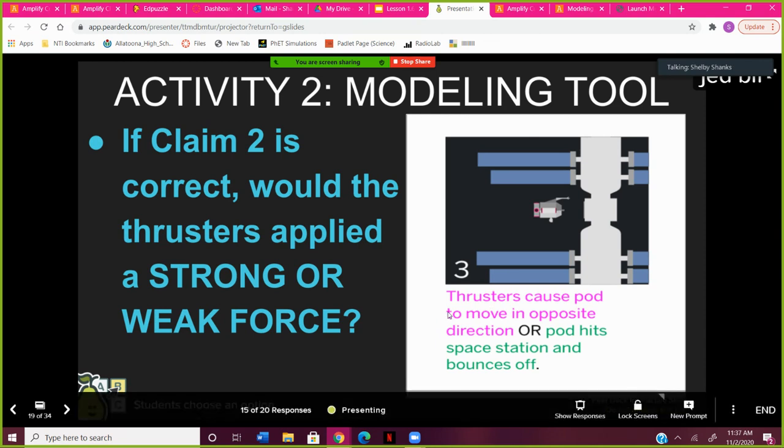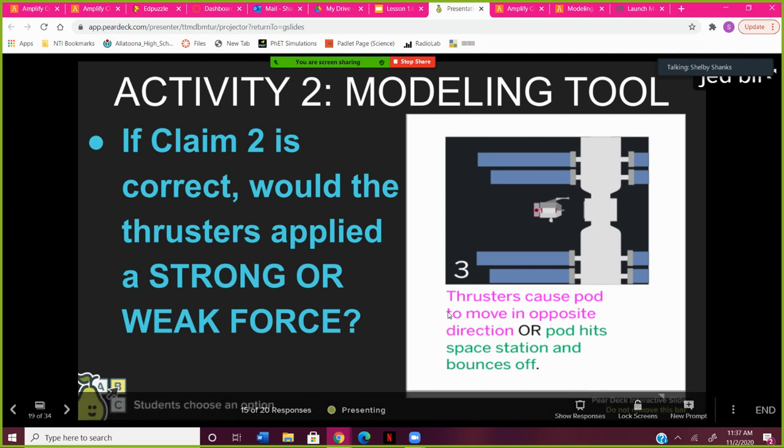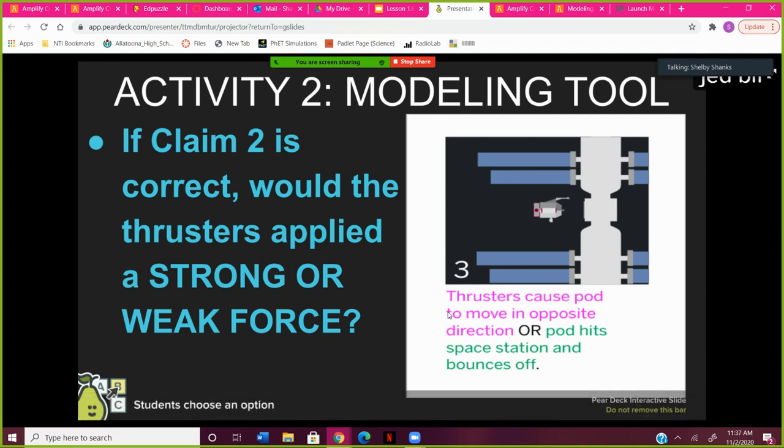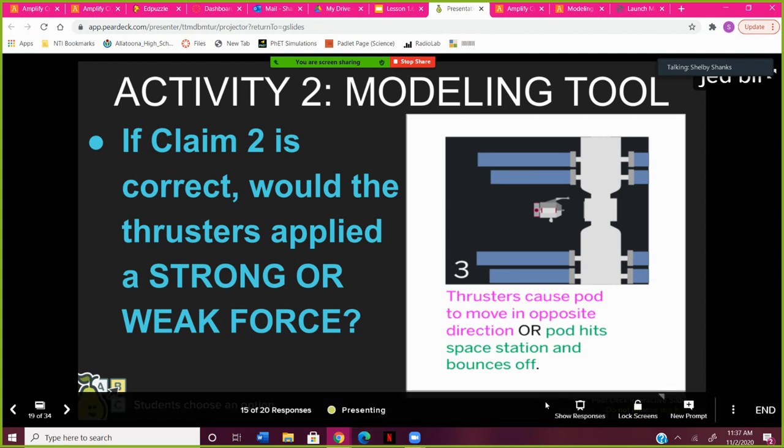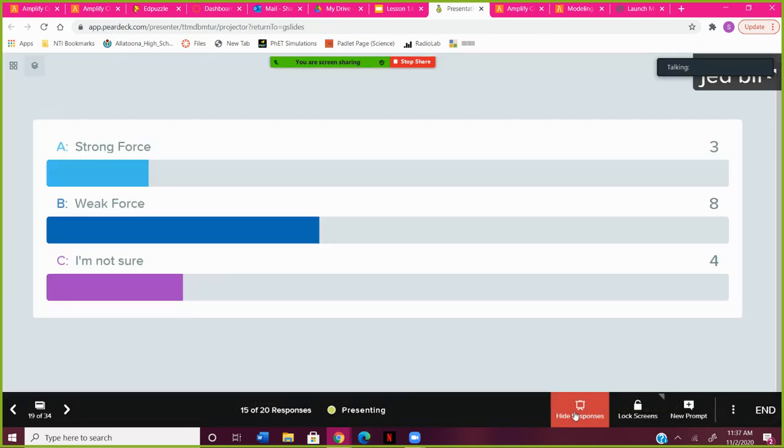If the thrusters cause the pod to move in the opposite direction in claim 1, we know that there's a stronger force. But if the pod hits the space station and only slows down and then bounces off of it, is it still going to be a stronger force or is it going to be a weaker force? Okay, for those of you that are still unsure, what are you unsure about?